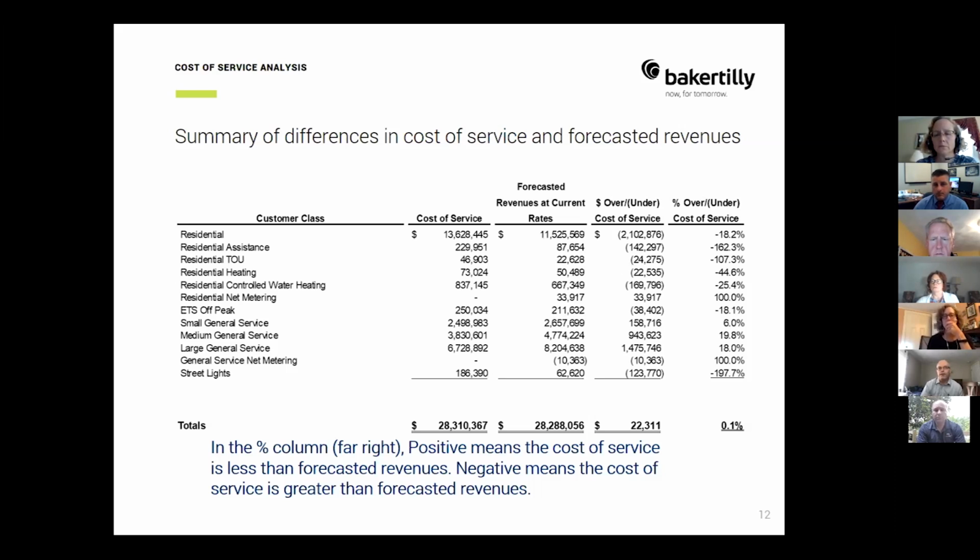Do you have any idea why that is? I can understand for the residential assistance, that's a 162% hole or deficit or whatever. That's understandable because we are deliberately charging them less for the service than it costs. But for residential time of use, I would think that should be able to pay for itself. Any idea what's going wrong there?